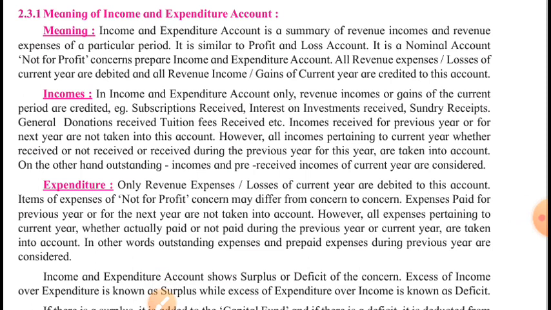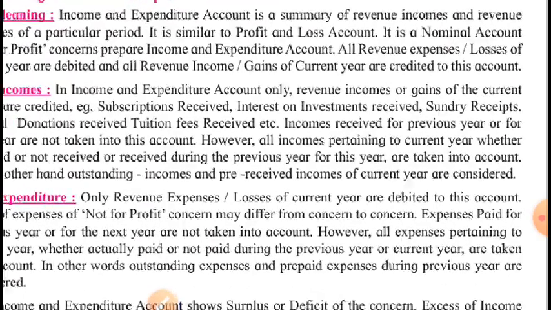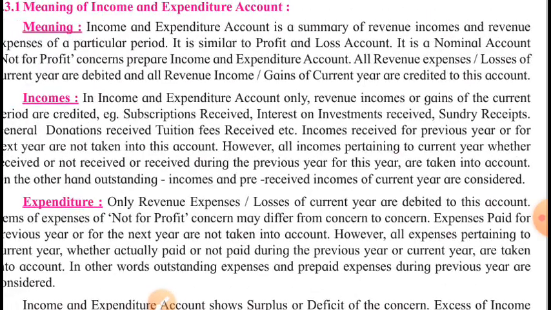Now let's see what is income and expenditure account. Remember, income and expenditure account is a nominal account, means the debit side is expense side and credit side is income side simply. And more importantly, income and expenditure account shows the incomes of the current year and expenses for the current year.